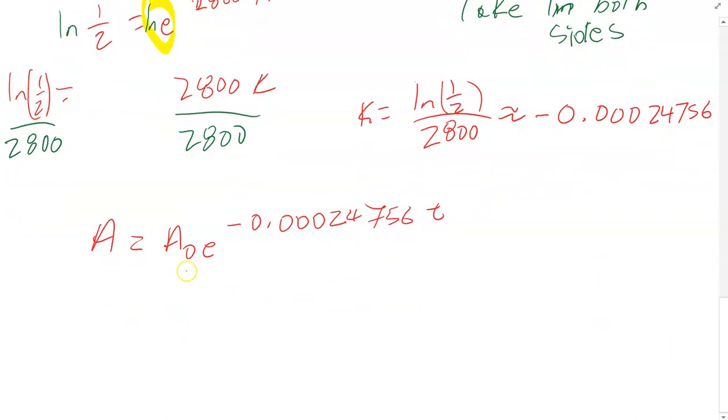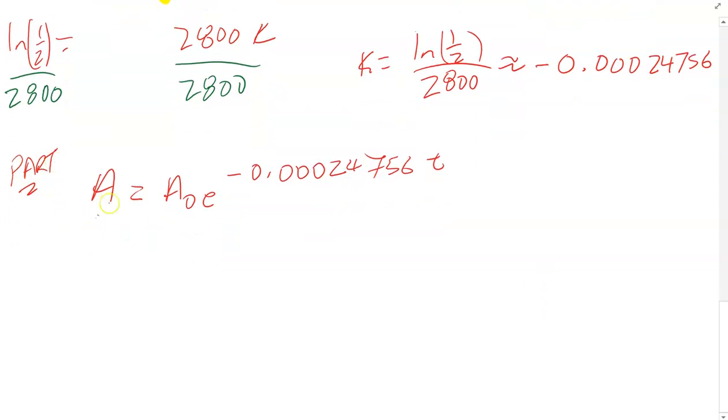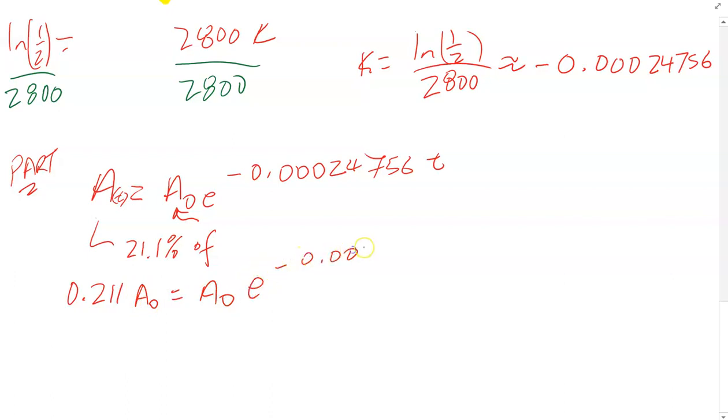Okay, so the next part says if a certain relic contains 21.1% of the original amount, determine the age. So in this case, for part 2, we need A of t to be 21.1% of A sub 0. So let's make that 0.211 A sub 0 equal to A sub 0 e to the negative 0.000245756t.